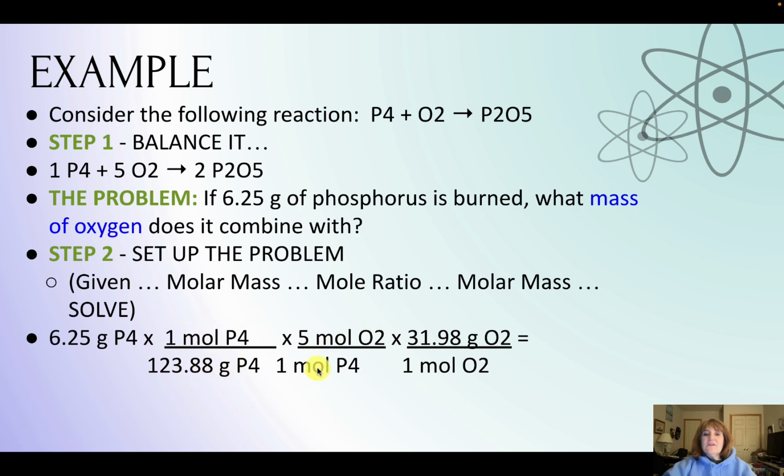The mole ratio of P4 to O2 is 1 mole to 5 moles. And then the molar mass of O2 is 31.98 grams per mole. To solve the dimensional analysis problem, you multiply across the top and divide across the bottom, and you get 8.067 grams of O2.